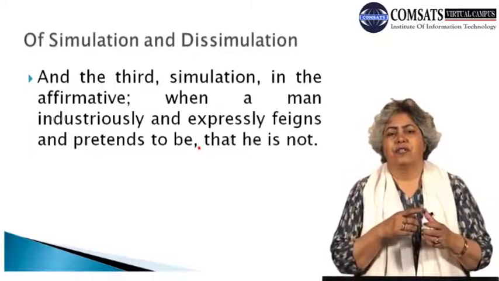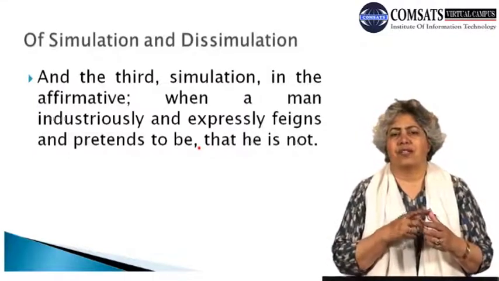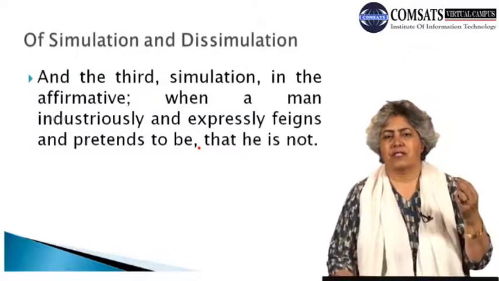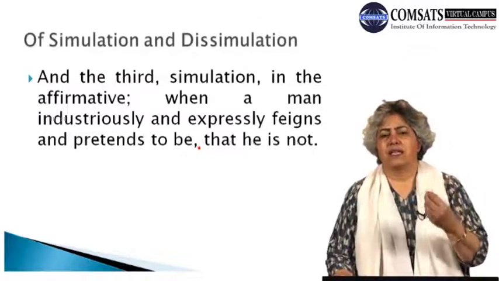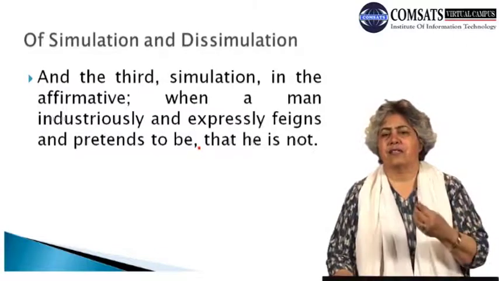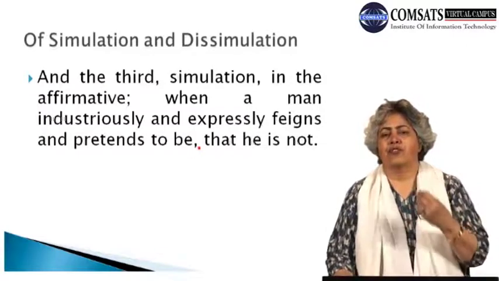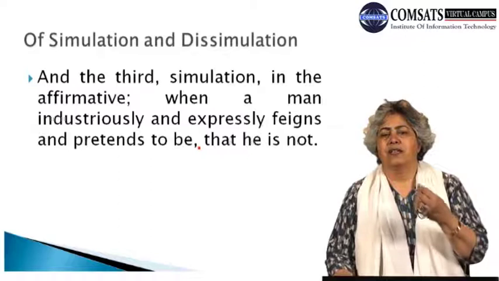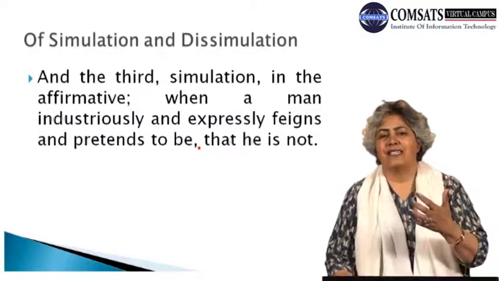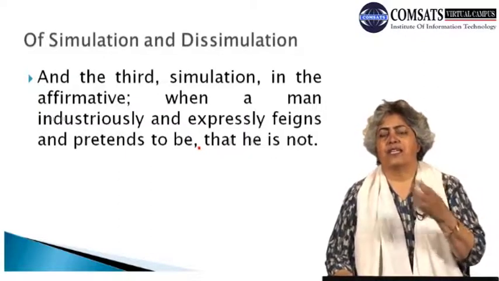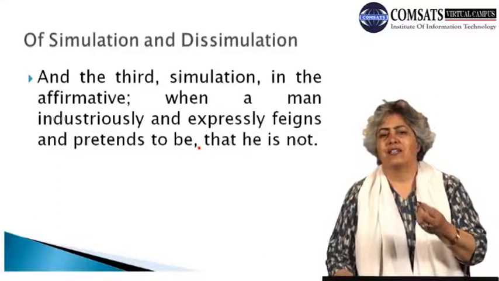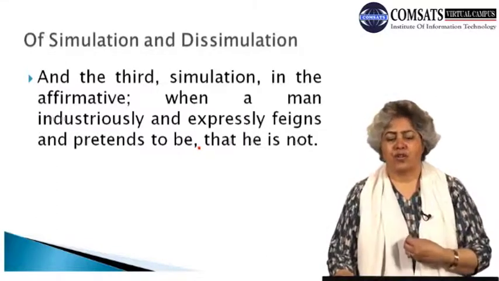You have closeness, reservation, and secrecy. That is the first degree. The second is definitely negative, and that is dissimulation. You're not so much pretending as you're hiding who and what you actually are.